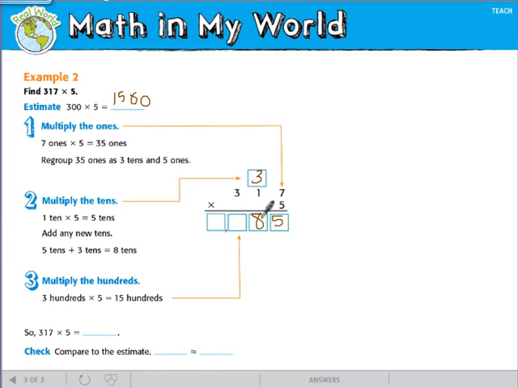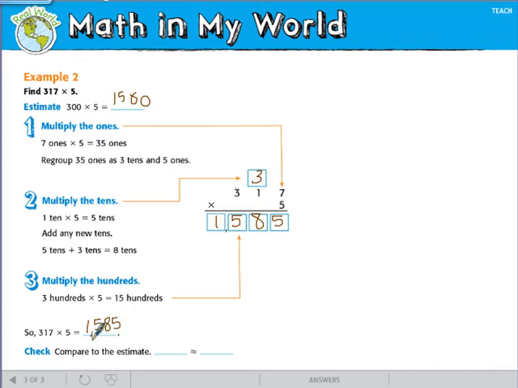Multiply 5 times the 3 that's in the hundreds place. 5 times 3 is 15. So I have 1,585. So down here on the bottom it says, so 317 times 5 is 1,585.